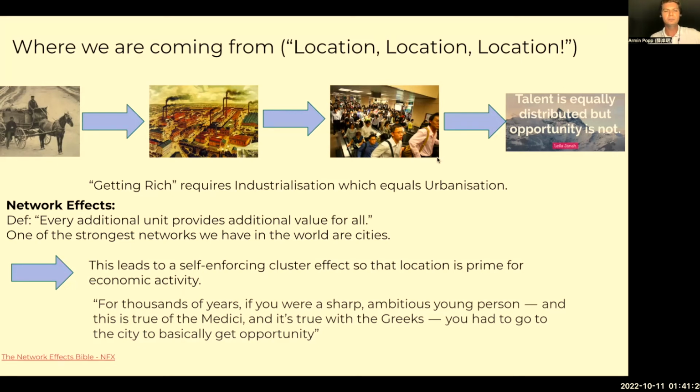And the same thing, like the factory for the blue collar worker, is in the information age the office worker. If you think about cities, or location in general, you will understand that what makes them so powerful and add so much value is that they have network effects.